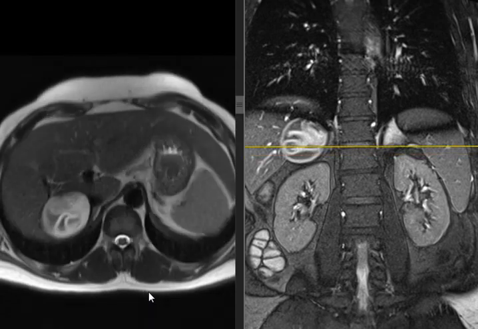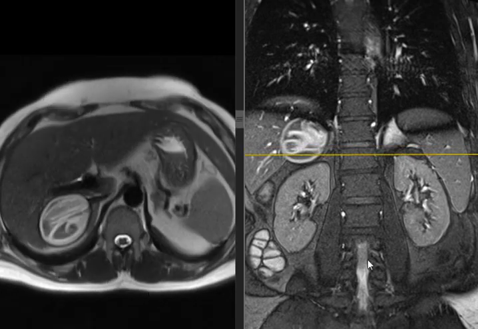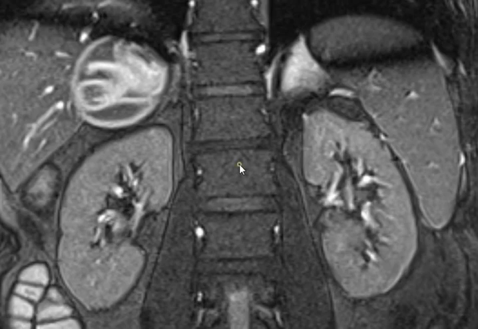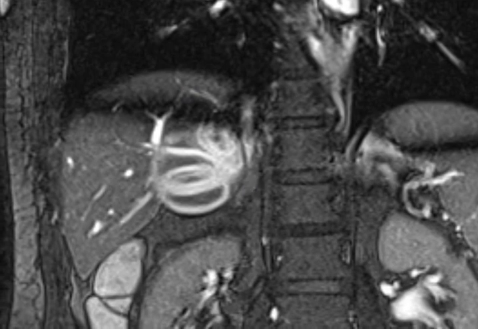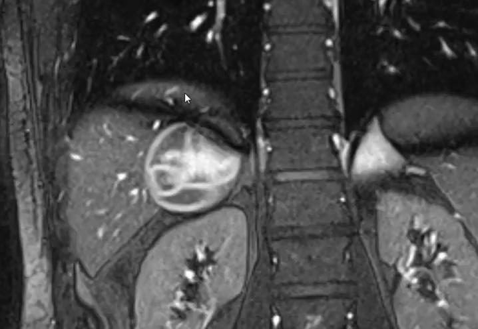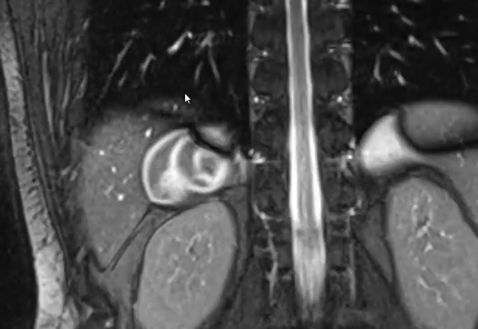Okay, so here, does it look like it's arising from the liver or from outside the liver? Let's focus on it a little bit.